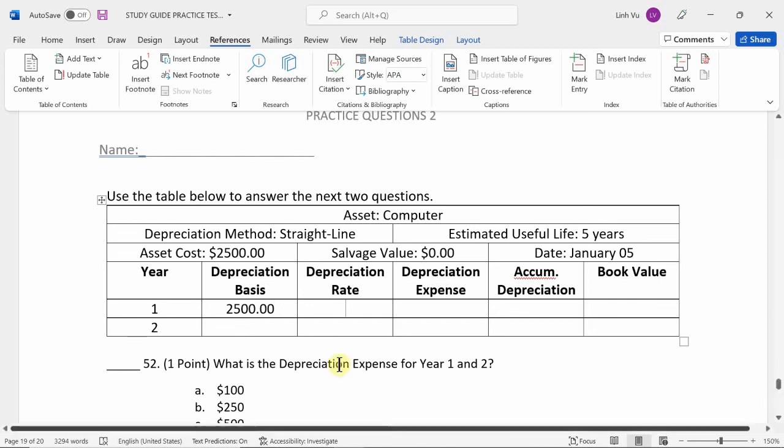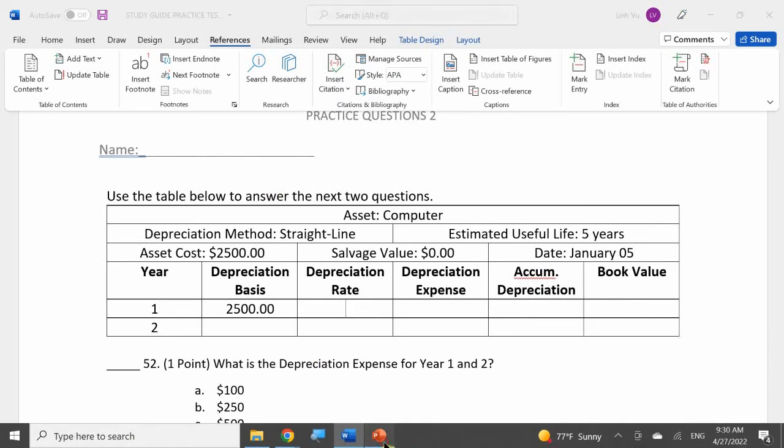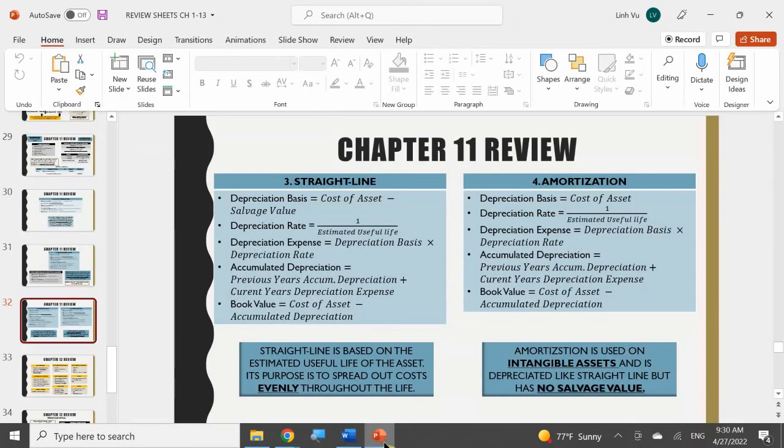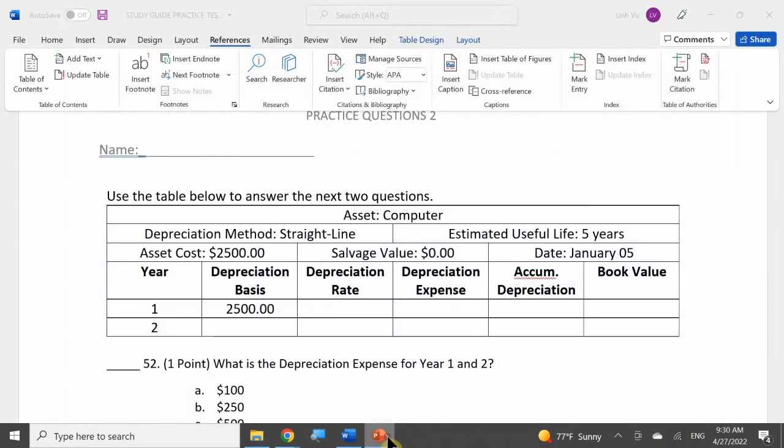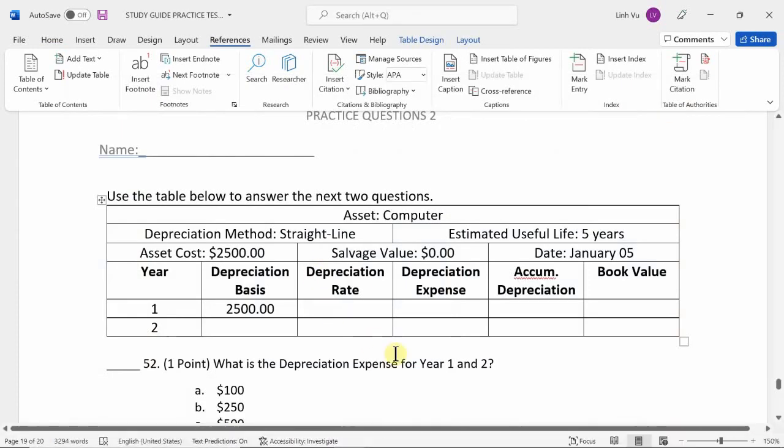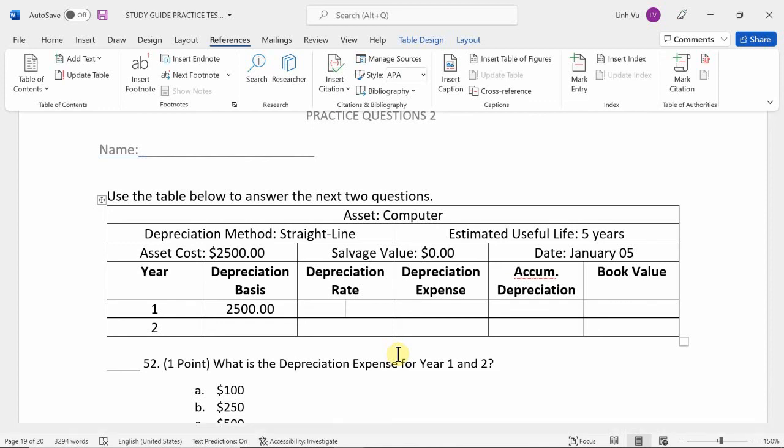What's my depreciation rate for straight line? 1 over estimated useful life. So that would be 0.2, so 20%.